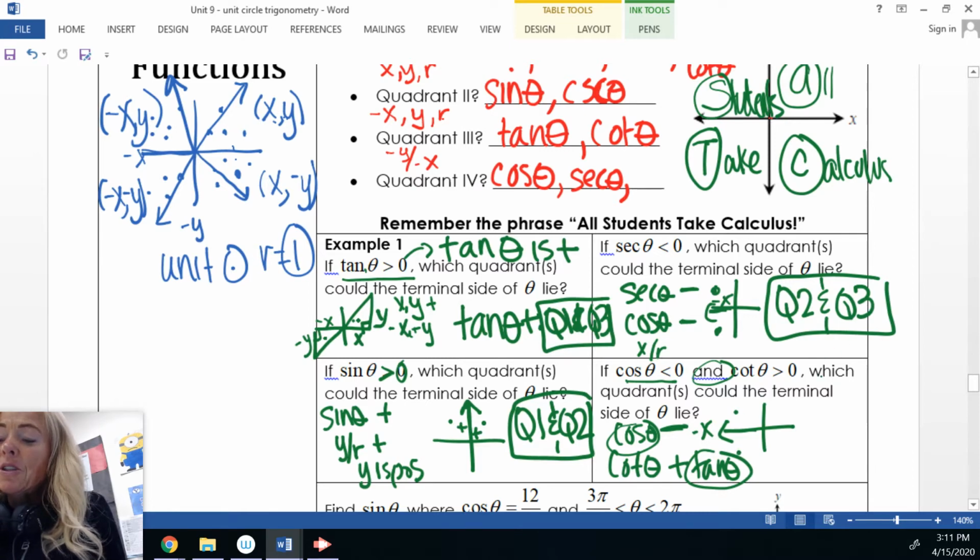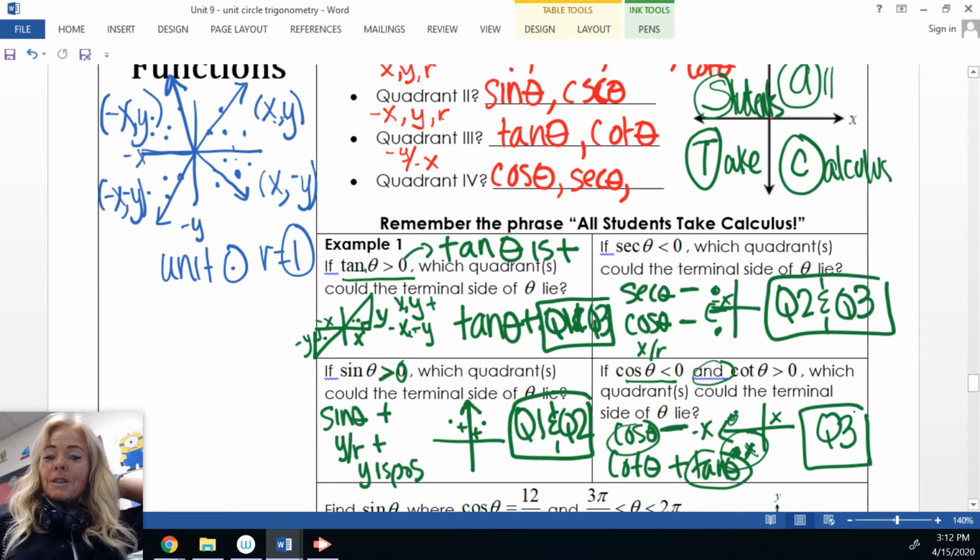Tangent is positive here and here. So tangent is positive in those two quadrants, and cosine is negative in these two quadrants. This quadrant is the place where both conditions occur, where the cosine is negative and the tangent is positive. So that would just be quadrant 3. That's how I figure those out.